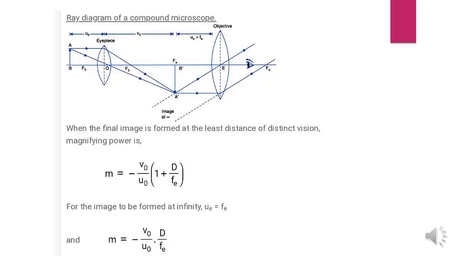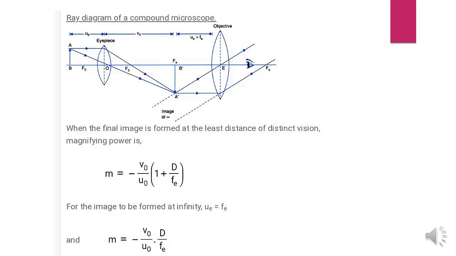Since we have two lenses, there is the magnification of the eyepiece and the magnification of the objective, right? Please read this as eyepiece and this as objective. So when the final image is formed at the least distance of distinct vision, the formula is VO divided by UO into 1 plus D by FE. This is the formula to find the magnification.